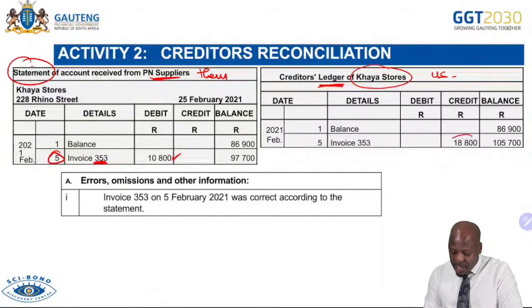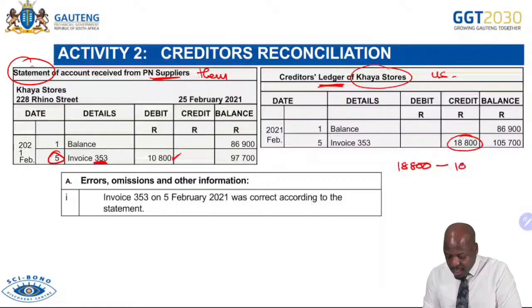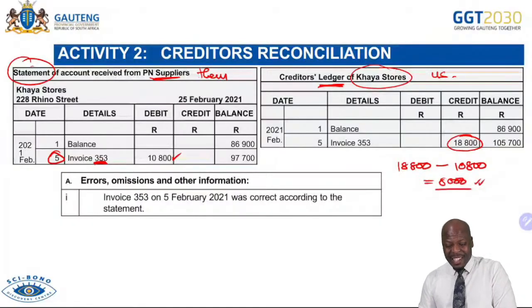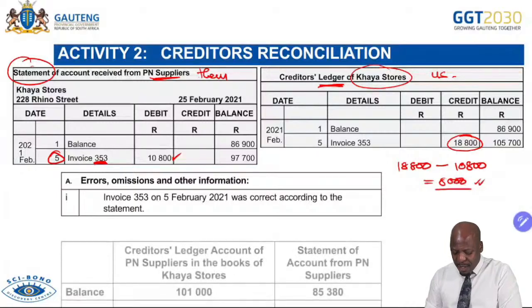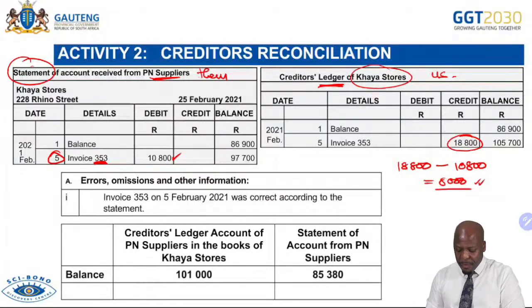In the ledger, we have 18,800, which is incorrect as compared to the correct one on the statement, which is 10,800. If we get the difference between the two, how much is the difference? 8,000. Thank you. So the difference is 8,000.